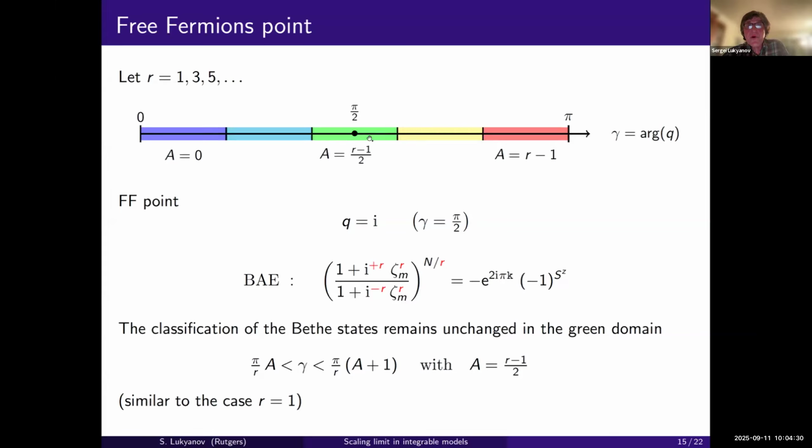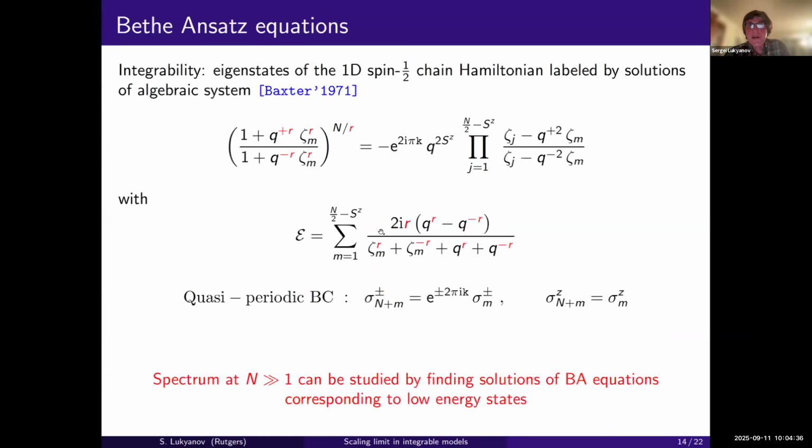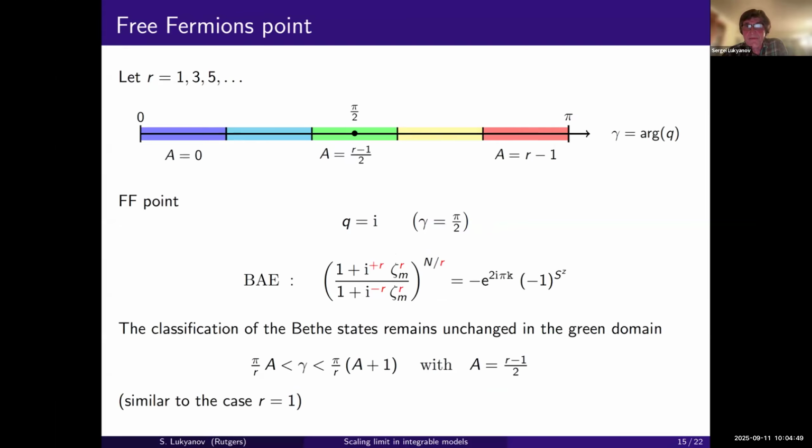I call this point pi over 2 the free fermion point, because in this case Q equals i, and if you take a look at the Bethe-Ansatz equations, the right-hand side becomes simplified dramatically. So the equation is very simple. It's a set of independent, very simple algebraic equations.